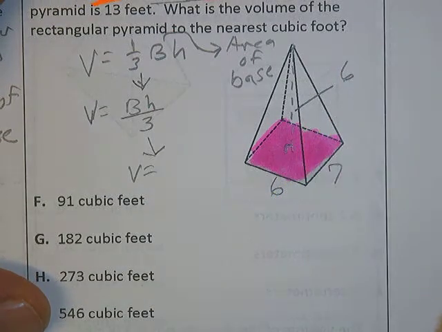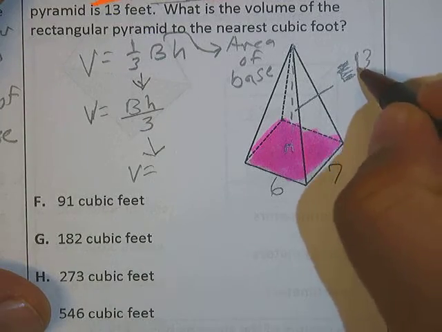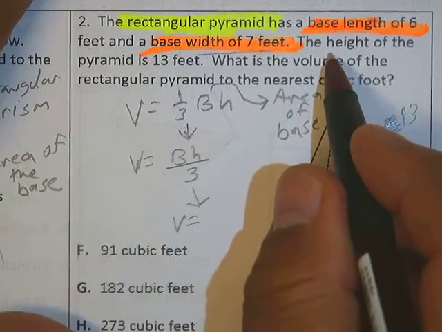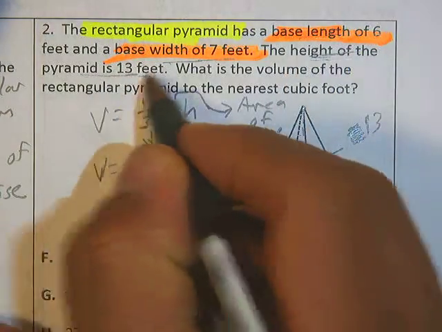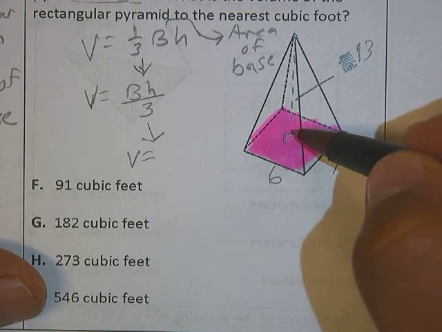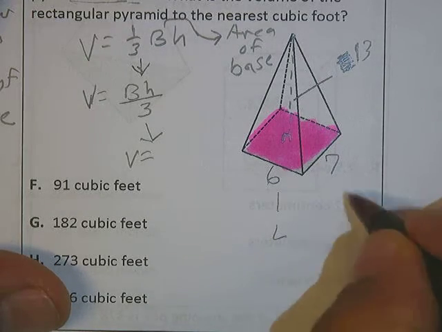That's my height there. So this here is 6, I'm sorry, that is 13. Not 6 but 13. I didn't read it there. The height of the pyramid is 13, from here to here.